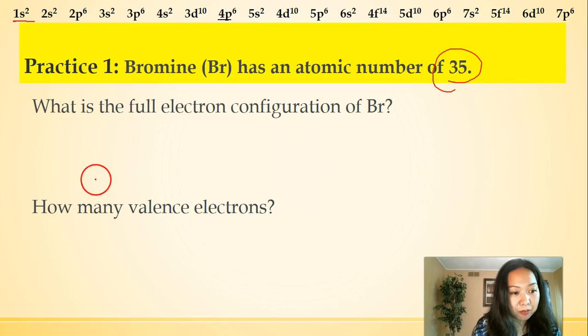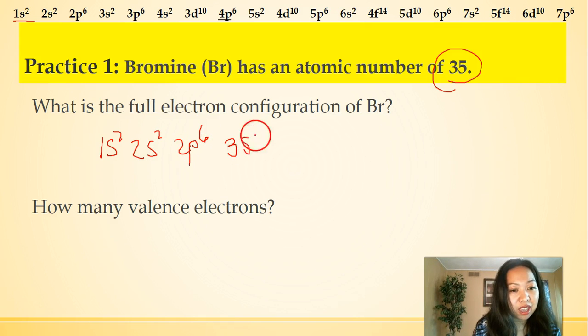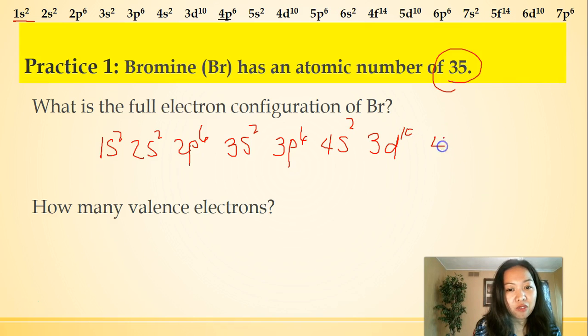So 1s2, next is 2s2, 2p6, 3s2, 3p6, 4s2, 3d10, and then 4p. I'm not going to write anything on top yet because I want to make sure that we're counting this correctly.